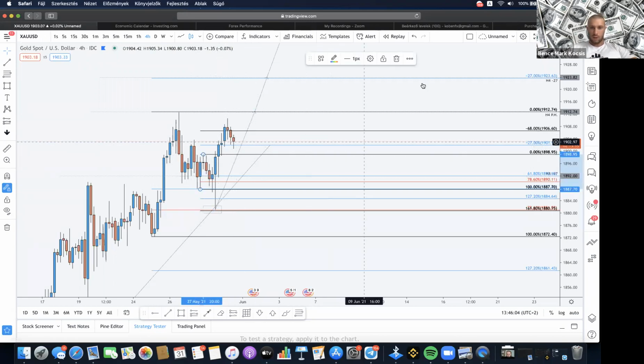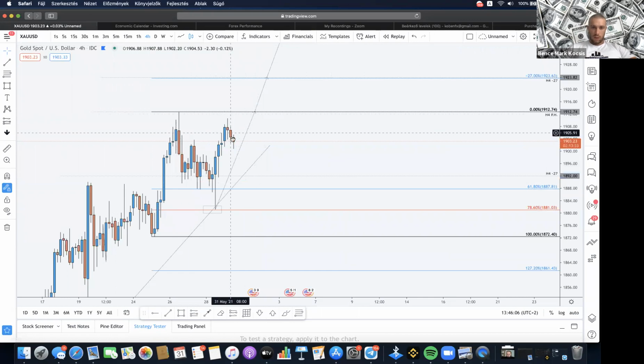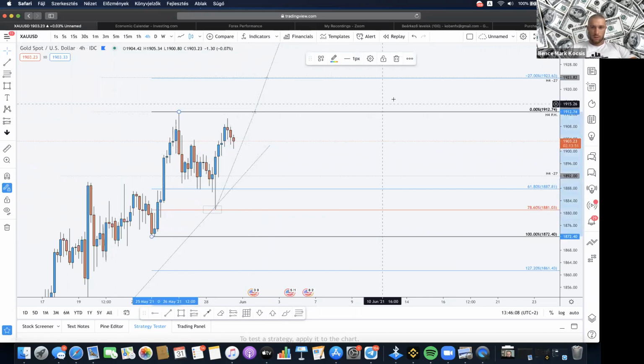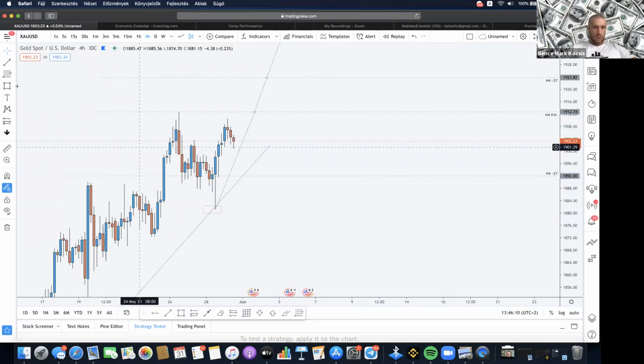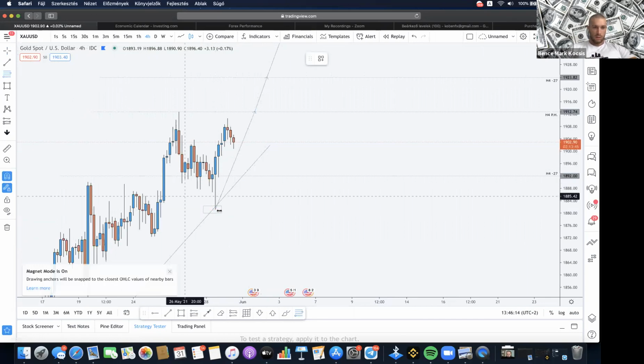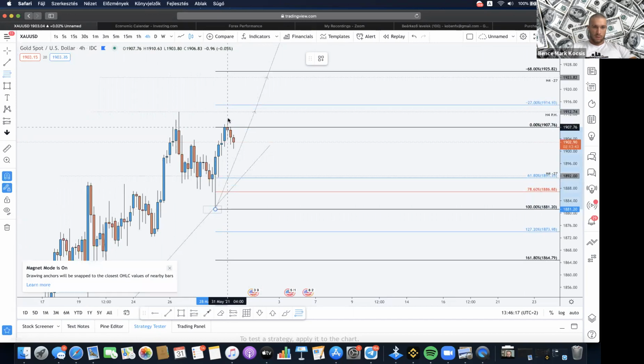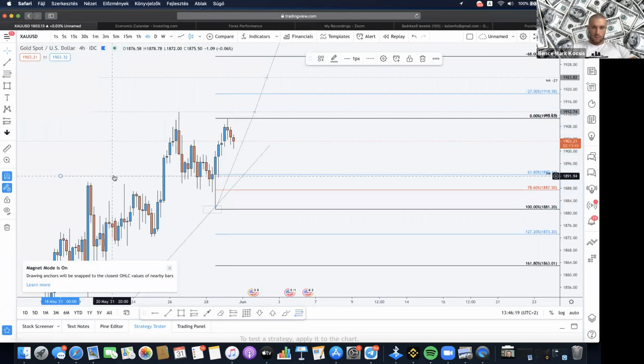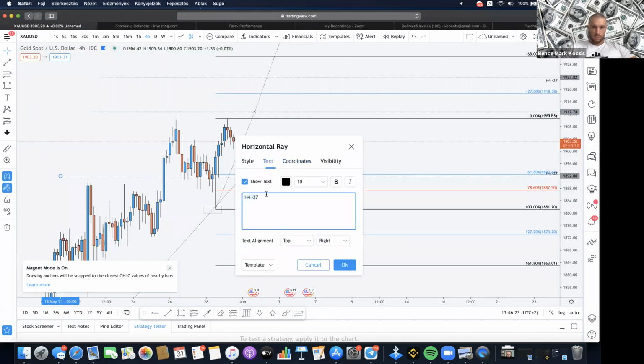Actually, you can see we have 3 red candles, so we can place the Fibo from low to high. That's the H4 61.80.